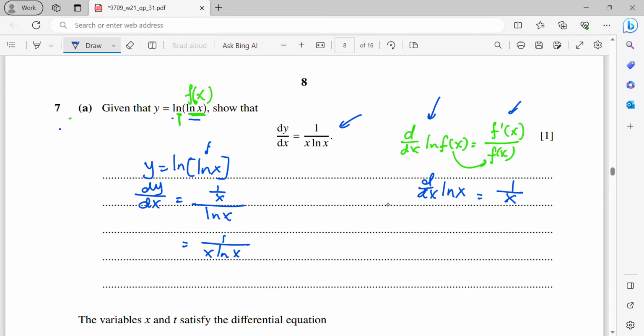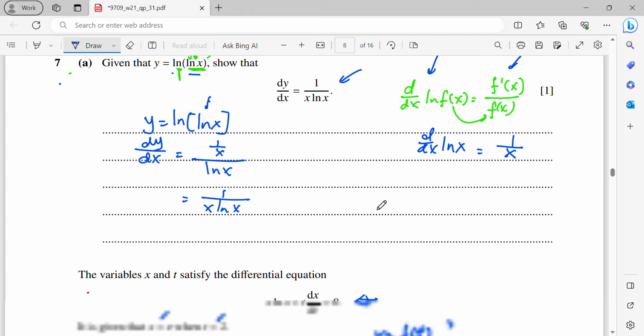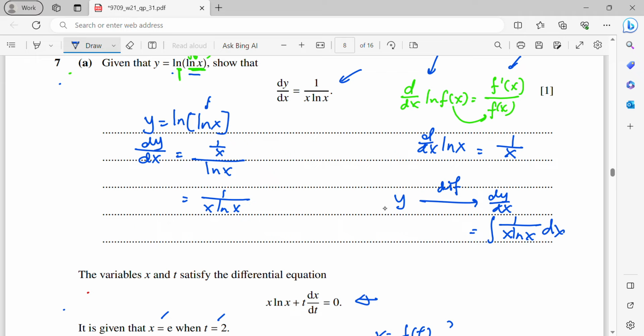We know that if you are given y, you differentiate, you get dy dx. So now, if you need to integrate 1 over x ln x dx, you will be getting the y.